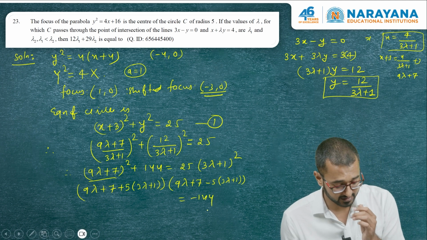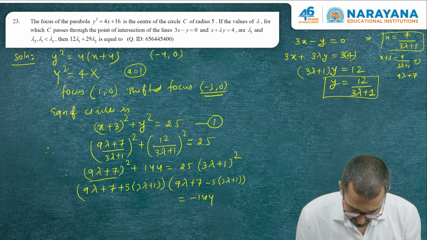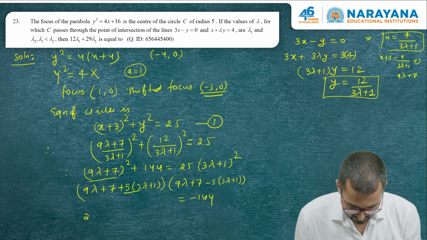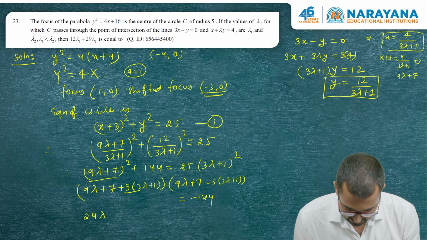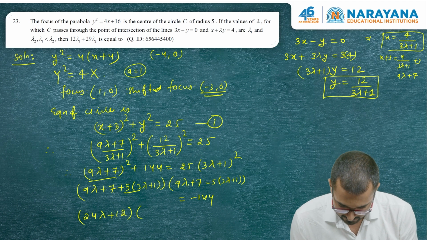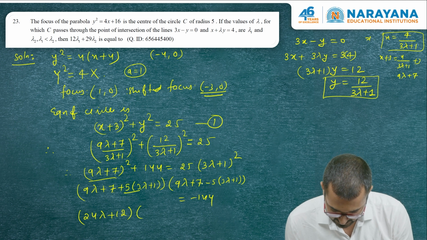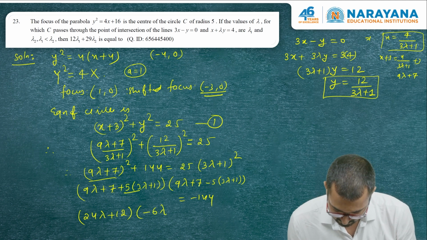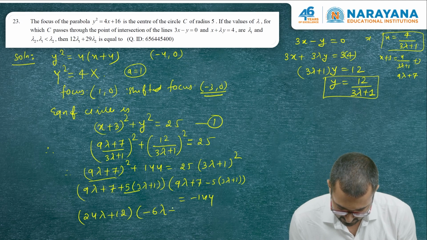Now let us simplify this equation. So this will give me 5 into 3, 15 plus 9, 24 lambda, and 7 plus 5 is 12. This into 9 minus 15 is minus 6 lambda, and 7 minus 5 is plus 2, is equal to minus 144.